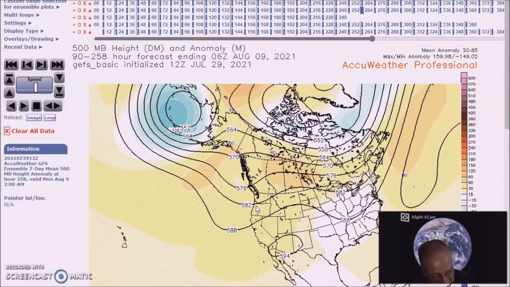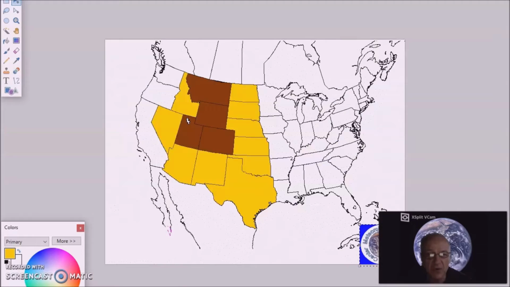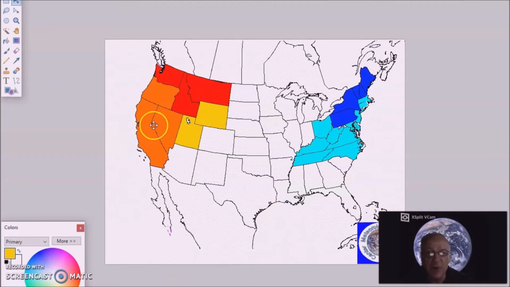Here's our trough moving in. And this will cause moderating temperatures for the northwest. So for this forecast period, I'm calling for above normal temperatures for this region here. I'm calling for anomalies 4 to 10 degrees above normal, below normal temperatures forecast here, with anomalies of 4 to 6 degrees below normal.